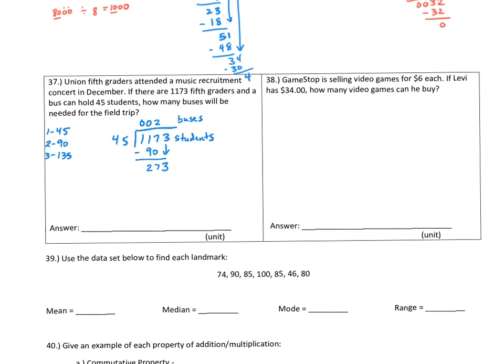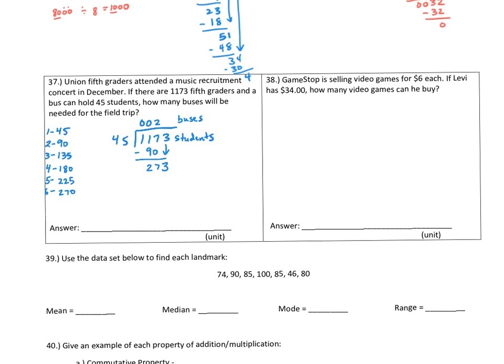So now I am at 273. I need to extend my mini multiplication table, so I'm going to add another 45 here, and that gives me 180. 5 45s is equal to 225. 6 45s is equal to 270. And I'm really close to 273.